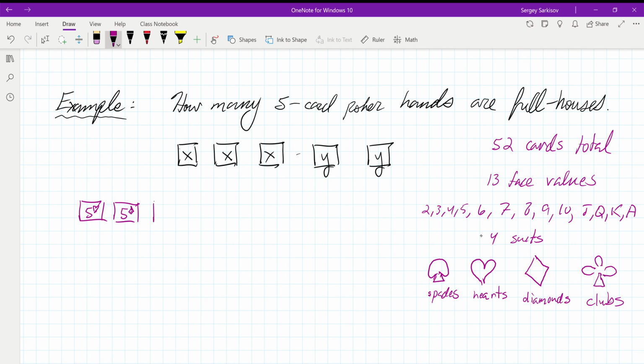And then a jack of hearts and a jack of diamonds, whatever, right? This is a tricky problem, you'll see. So this is one full house possibility, where you have a triple and a pair as well.